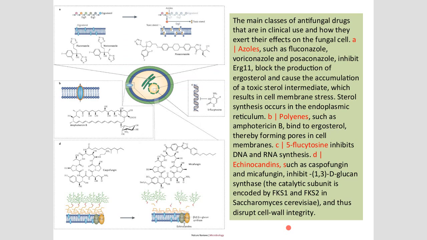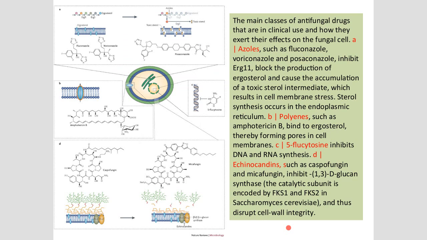But you can see from here, while we talk about fungal infection, and you will see in this case especially, we discussed the structure of fungi, and this slide shows you the main classes of antifungal drugs that we use clinically today.